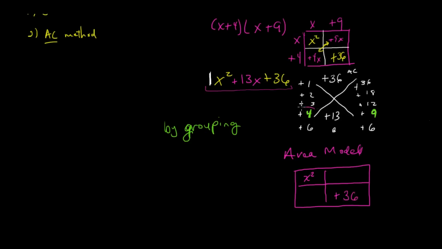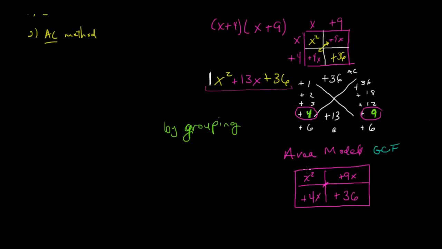And I'm going to use these fellers here, my factors, to populate my opposite corners here, the ones that typically are our like terms. So this up here is a positive 9x, and this down here is a positive 4x. And now I use my understanding of greatest common factors to extract the factors from the area.